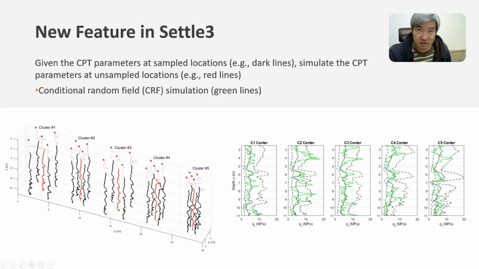Based on these hundreds of green lines, these are the median value, and the dashed line is the 95% confidence interval. So this is what this new feature in Settle3 can do. Basically, it simulates a conditional random field based on known data.